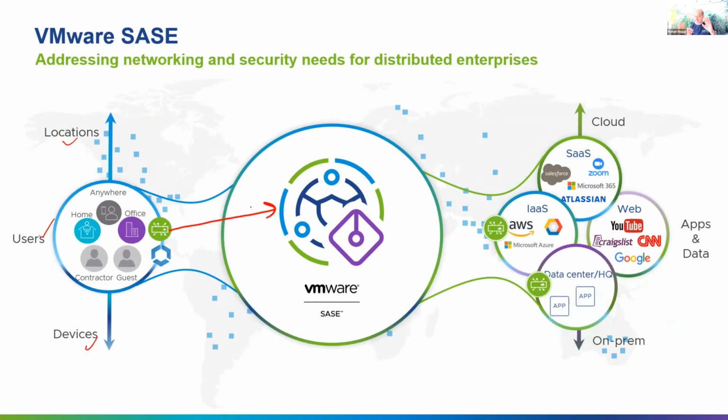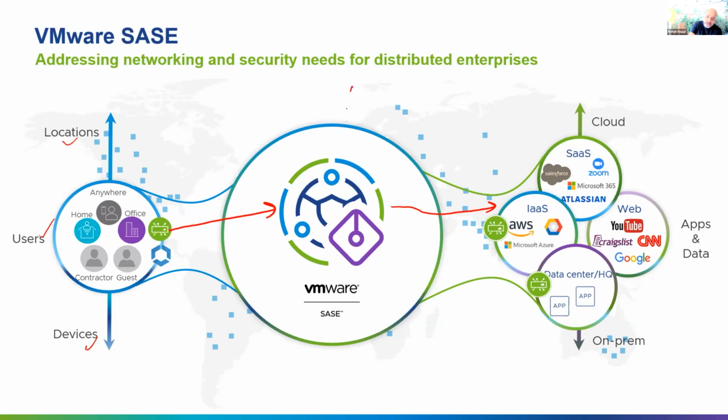Again, remember these SASE services are offered in a POP in a single stack. And once these services are applied, your user traffic goes from the SASE POP to your destination, whether it's on-prem where your applications are running, the public cloud, or the internet. That's how the end-to-end flow looks.